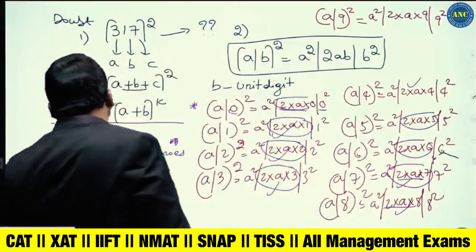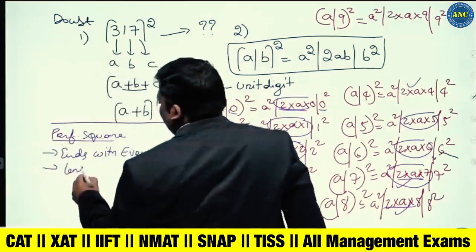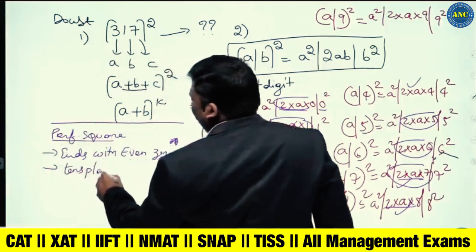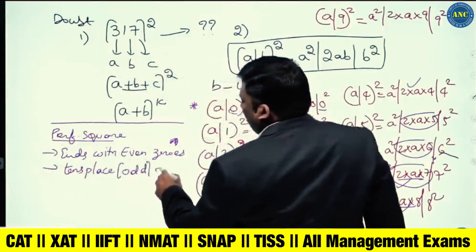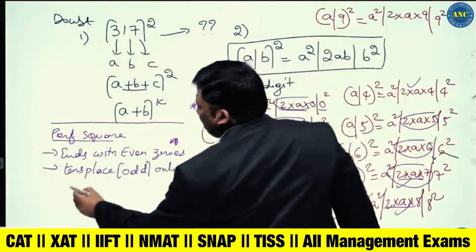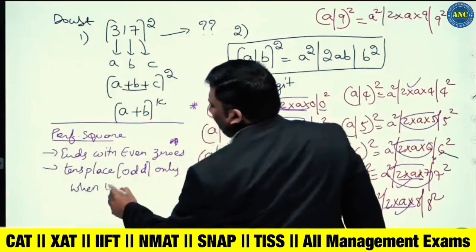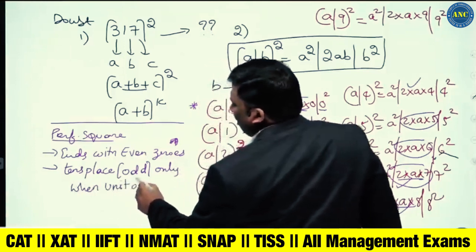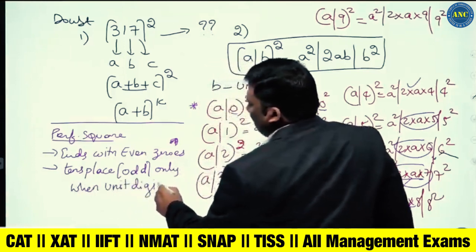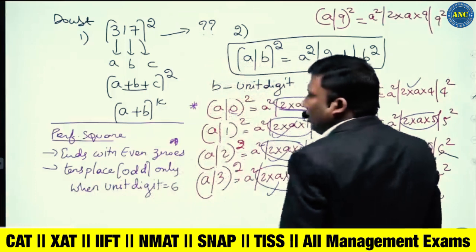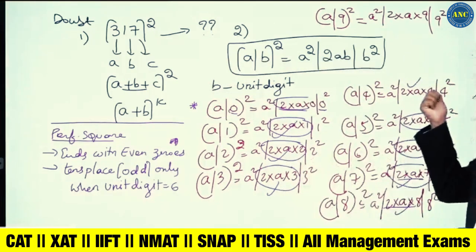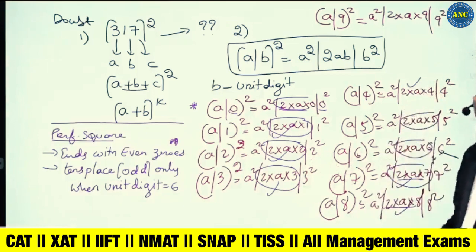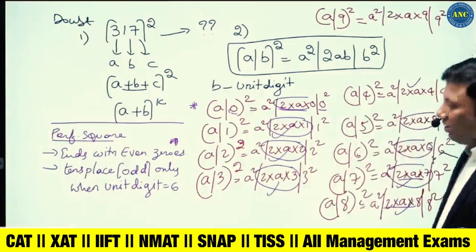Next one: a perfect square's tens place is odd only when the unit digit is 6. See here, 4 square is 16, 6, 1 carried, 1 plus even is odd.